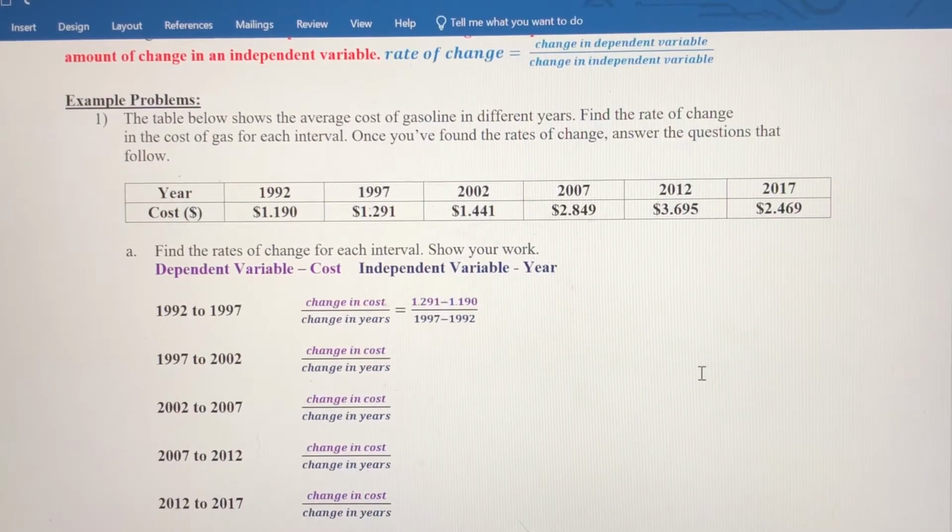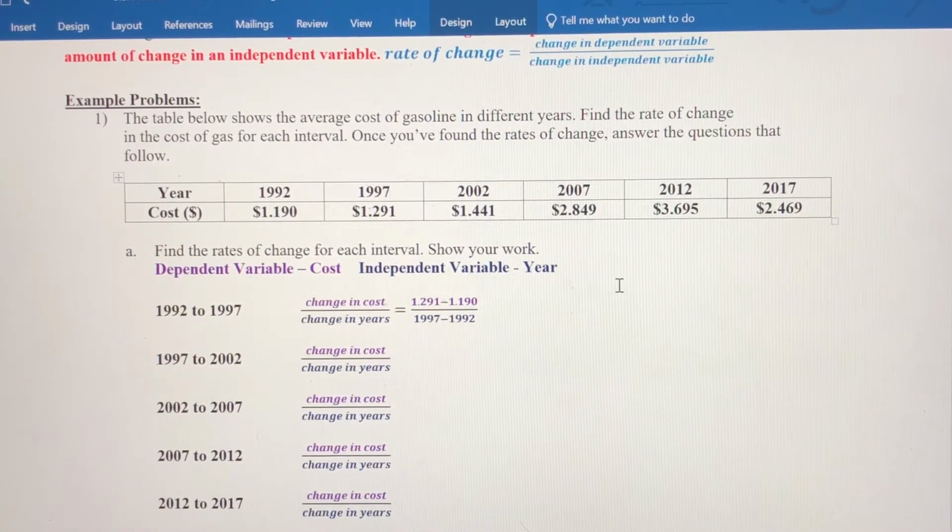So we've got $1.291 minus the cost in 1992, $1.190. Now we want to be consistent. Because I started with $1.291 in the numerator, I need to start with the year that corresponds with it in the denominator. So these should always match up. These go together here in 1997, so they should be lined up here in my ratio.